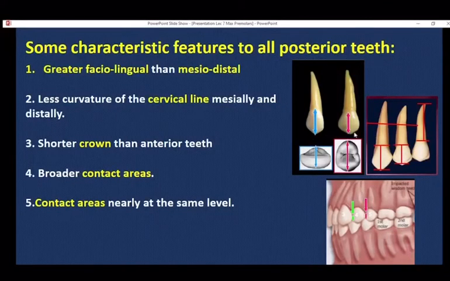And always the cervical line is less in convexity than the anterior teeth, and it has a broader contact area than the anterior teeth, and the contact areas of all posterior teeth are nearly at the same level.